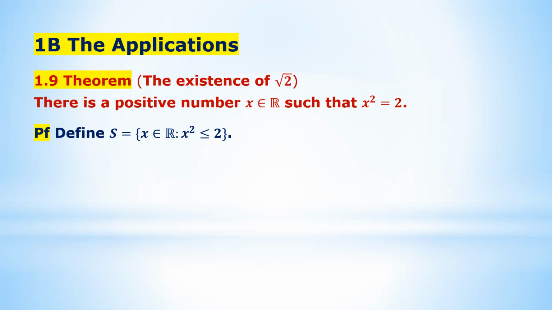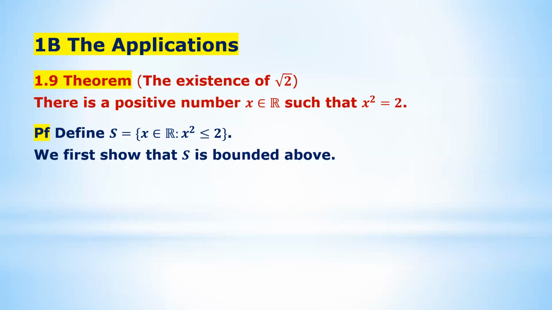Now, the first step to working on this set is to show that this set is bounded above. Now, how do you see this is bounded above? Okay, you think about it this way. Suppose you have x in S. So this means that by definition, x squared is less than or equal to 2. But 2 is less than 4. I'm trying to replace 2 by a bigger number, so that I can take a square root on both sides.